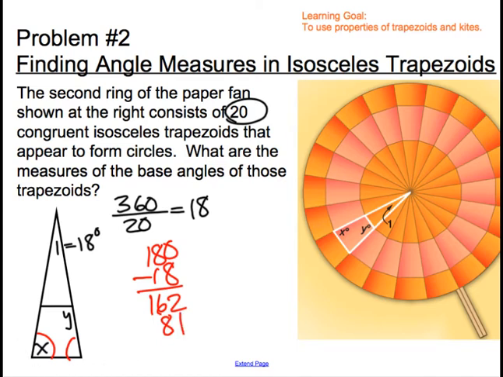So each of these two angles is 81 degrees. And by using the same side interior angles relationship again, we can take 180 and subtract 81 to find that both of these angles must be 99 degrees.